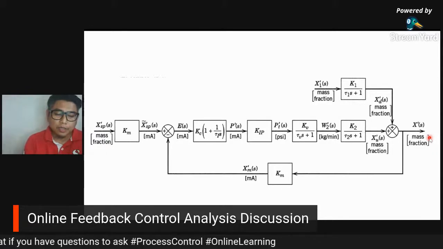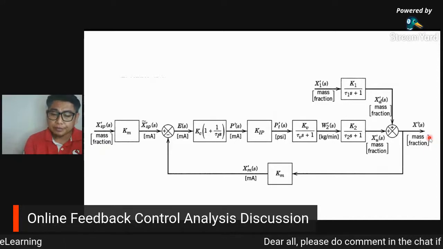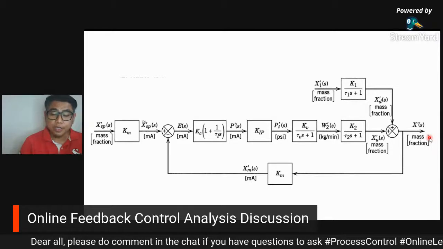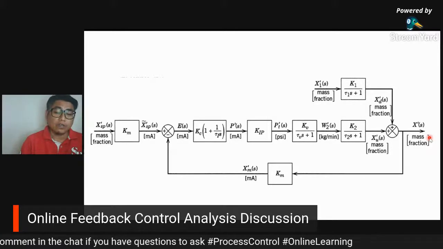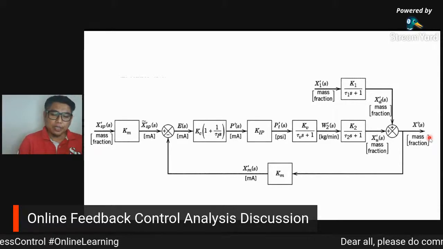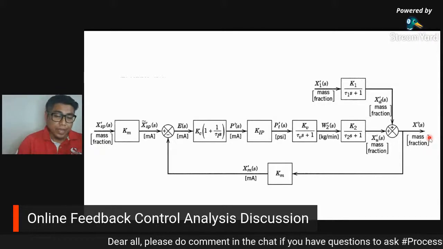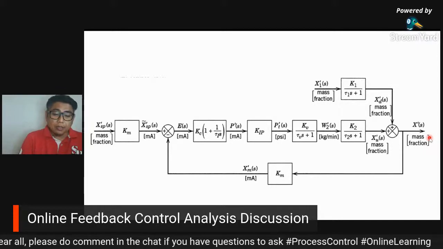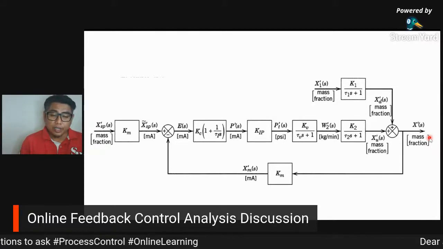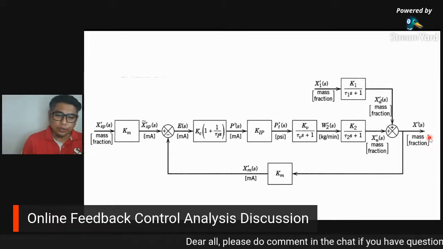And from that process reaction curve response, then you estimate using the one-point method or two-point method and come up with the first order plus time delay model. And from that, you can substitute all those parameters in the first order plus time delay model into the Cohen-Coon tuning equations directly. Okay, offline is very direct. If you're given the PRC, just estimate it and substitute into the Cohen-Coon equation.